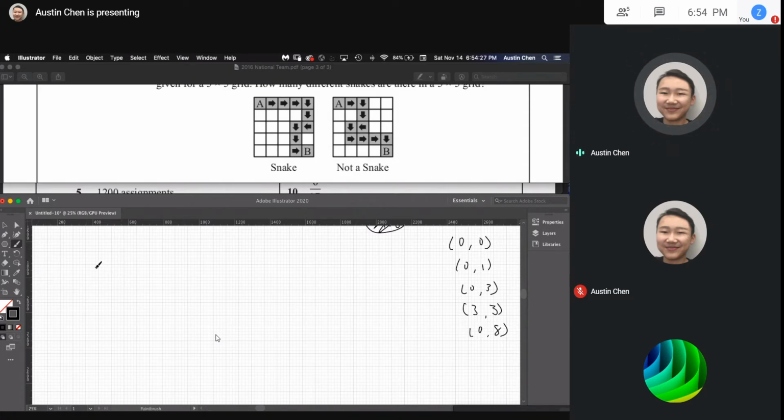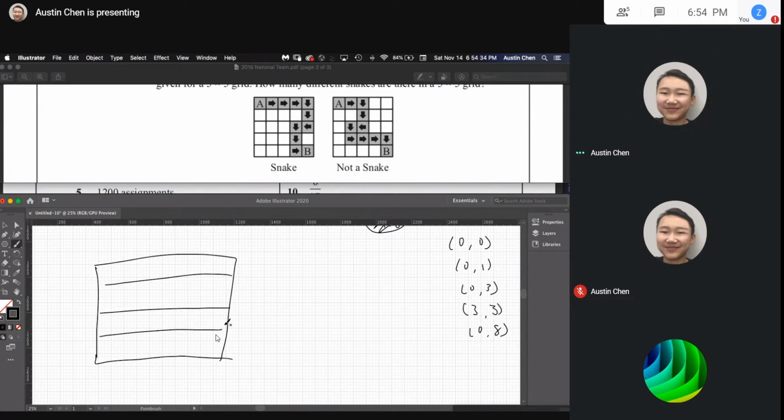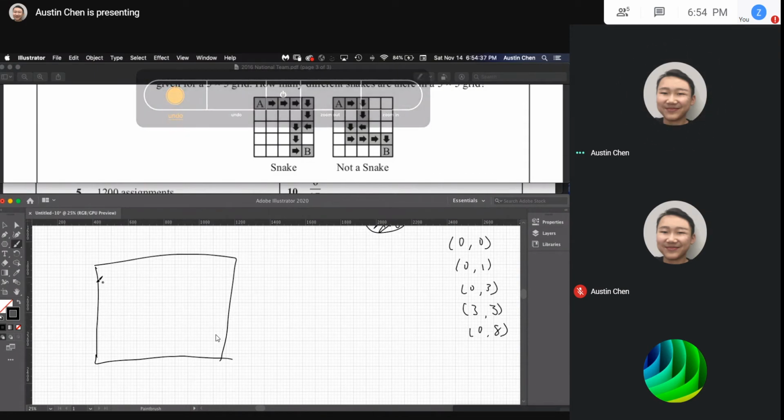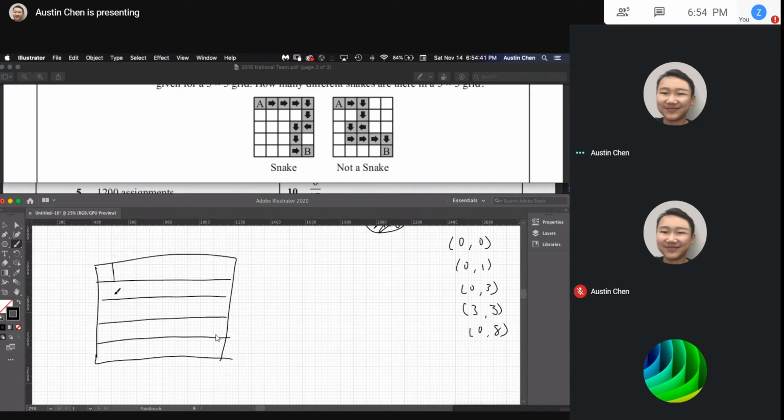Let me just make a grid here actually. All right. So we can say our first move is to the right, and then we need to remember to multiply our final answer by 2. So I'll big circle this times 2, so we won't forget it.